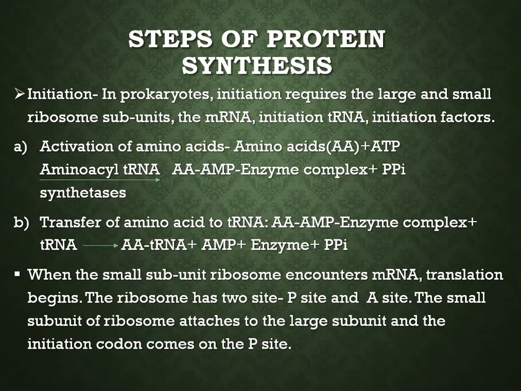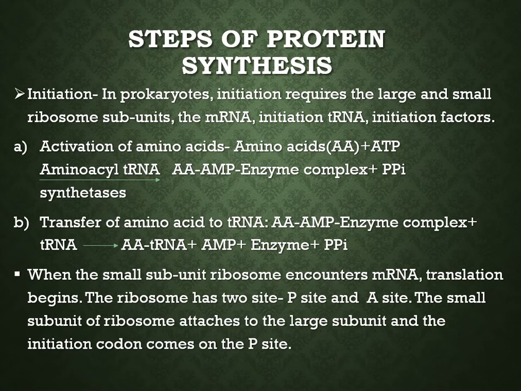The second step is transfer of amino acid to tRNA, and this amino acid AMP enzyme complex combines with transfer RNA to form amino acid transfer RNA plus AMP plus enzyme plus inorganic phosphate.